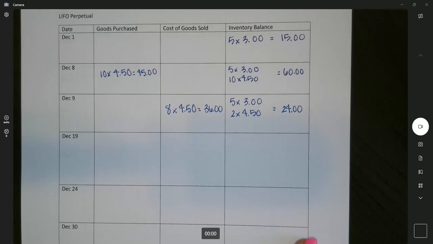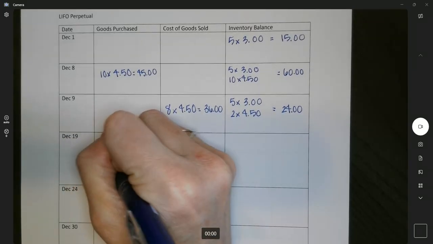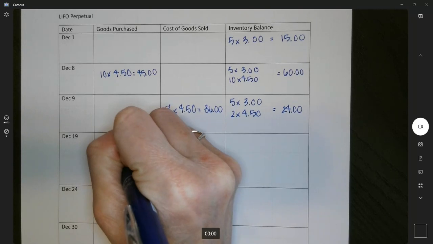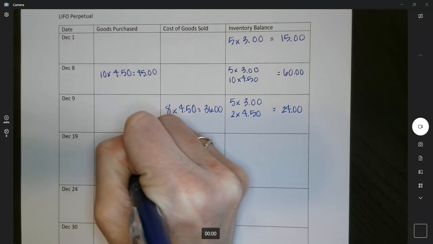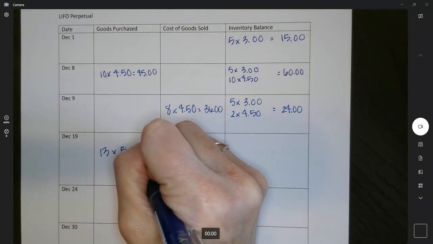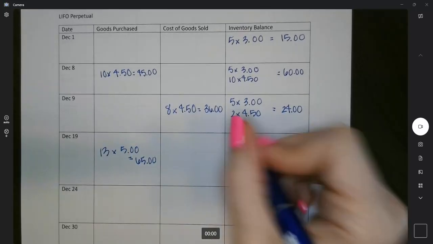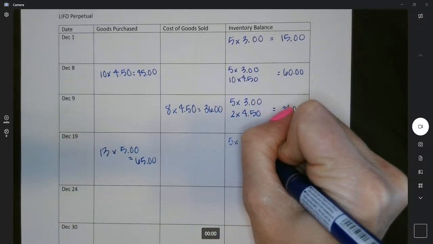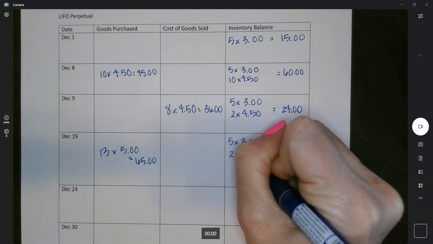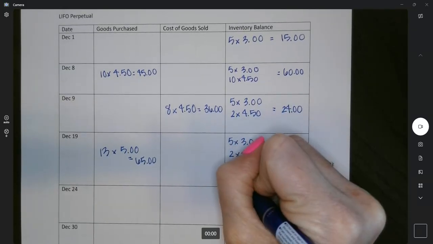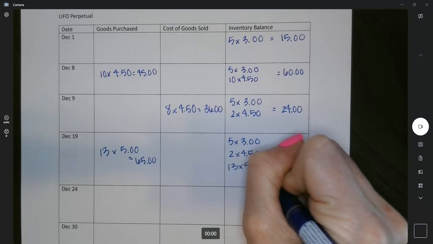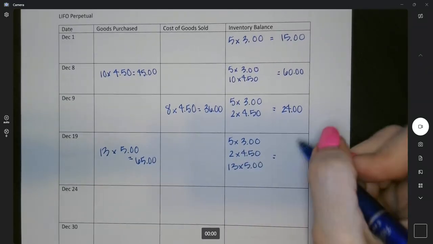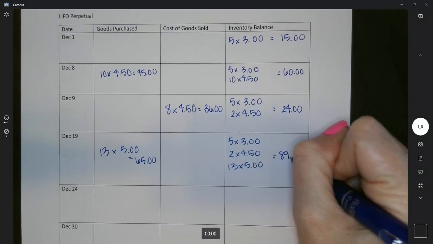Continuing on. December 19th, we made another purchase. We purchased 13 units at $5 a piece for $65. Over here, inventory balance: we had 5 at $3, 2 at $4.50, and now 13 at $5. Total inventory available for sale right now is $89.